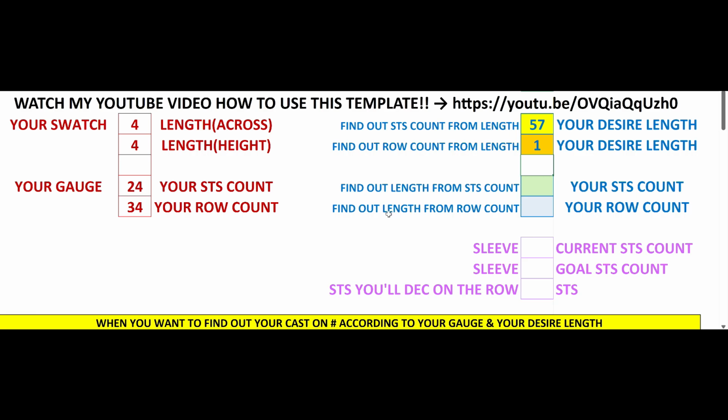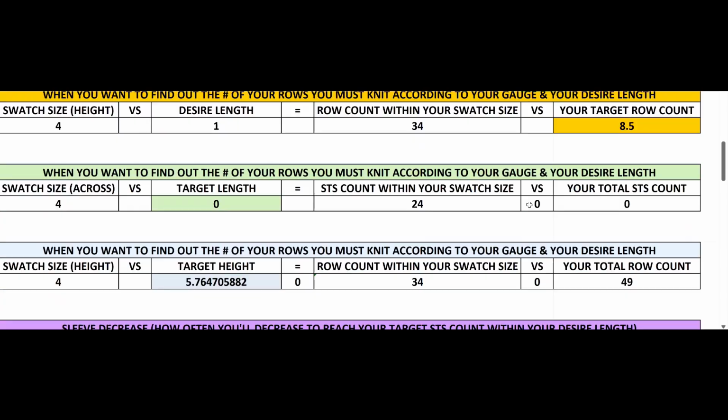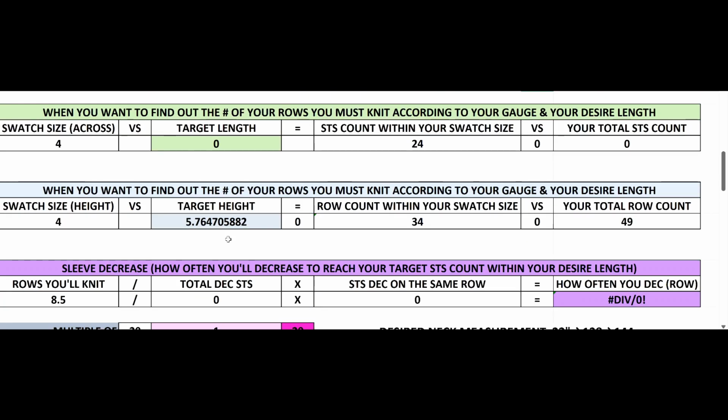So at the end here, find out the length from the row count. I know the row count. The flower design completes on row 49. So I'm going to put the 49 here. And this is the blue section. Let's go down. Blue section, 5.76, about 6 inch height, right?